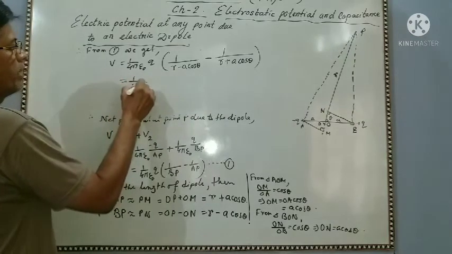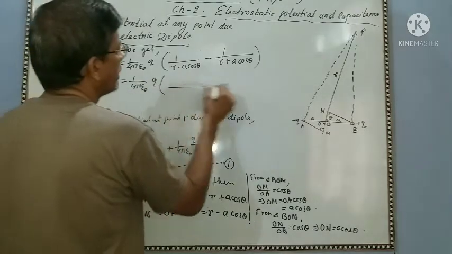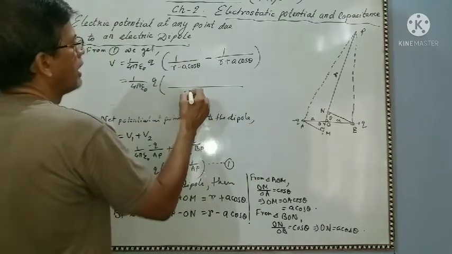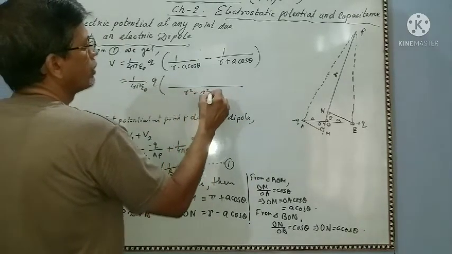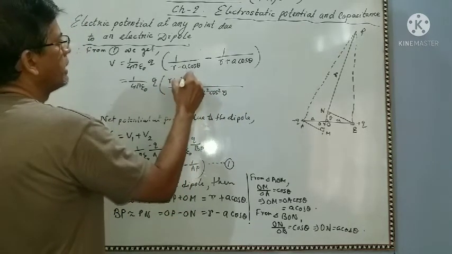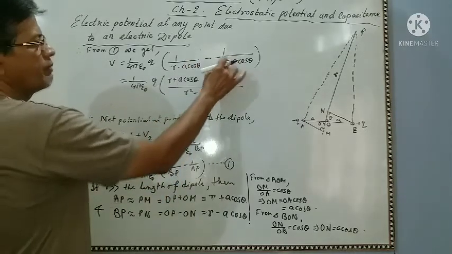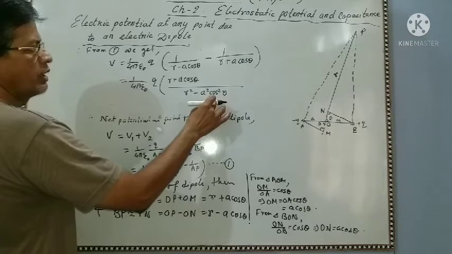Now take the LCM: r square minus a square cos square theta, since a plus b into a minus b is a square minus b square.